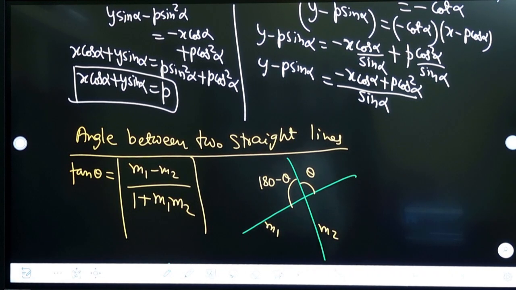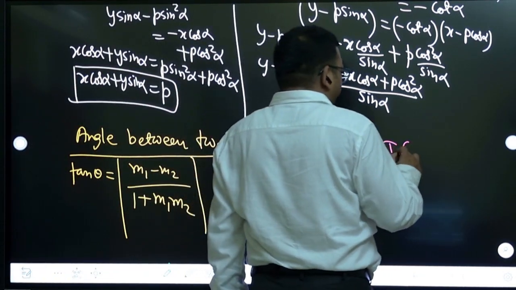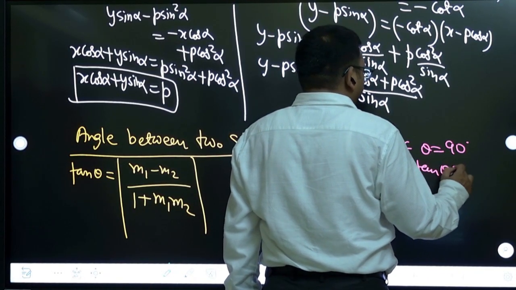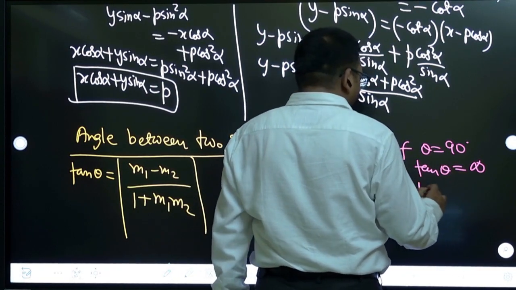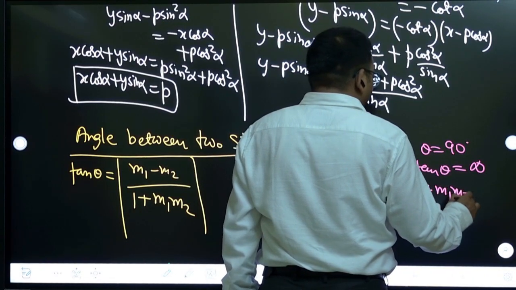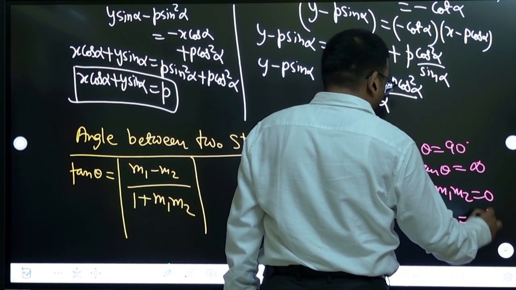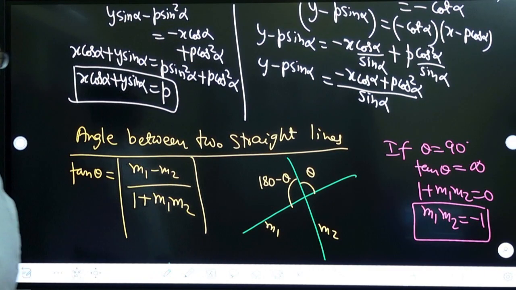Note here that if the lines are perpendicular, so if theta becomes 90 degree, tan theta will become infinity. Infinity means this denominator has to be 0. Denominator becomes 0 means product of the slope becomes minus 1. That's the important idea. If two lines are perpendicular, the product of the slopes is minus 1.